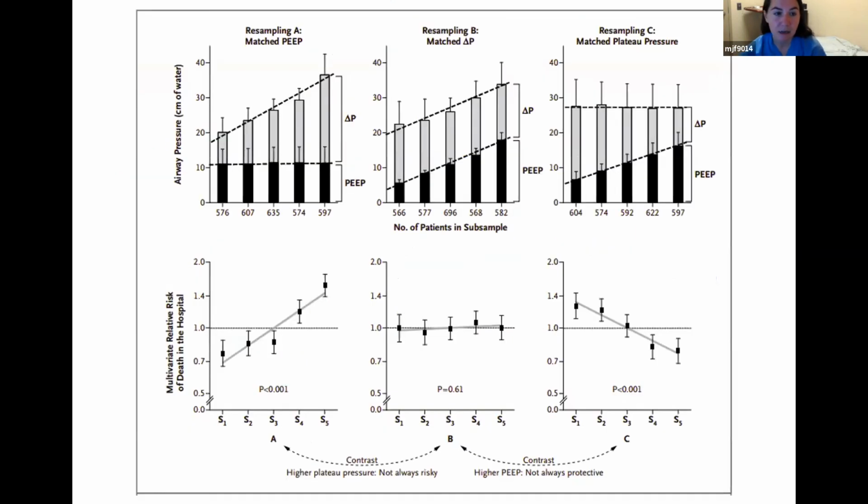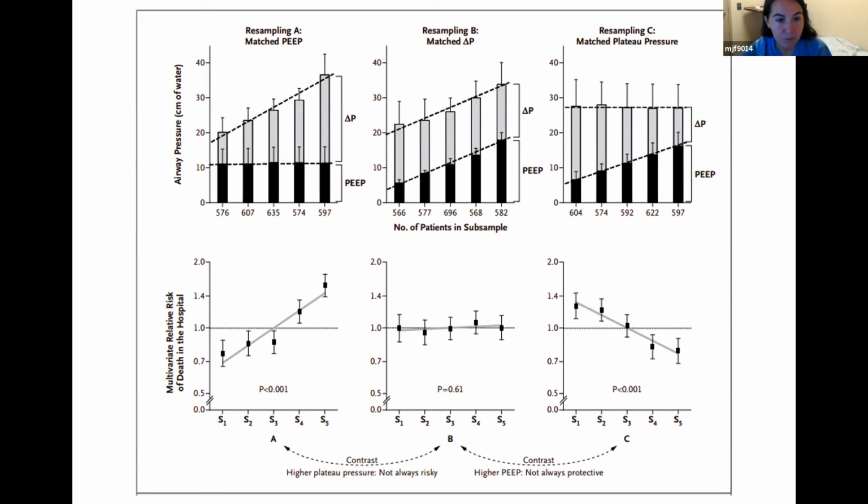So what they did was they looked at all of these subgroups. For this first one here, they found a bunch of people from these studies who had similar mean PEEPs, but different driving pressures. And then another group of people here that had similar driving pressures, but all different PEEPs. And the third group with different PEEPs and different driving pressures. And what they found was there was an association between increased driving pressure and increased mortality.